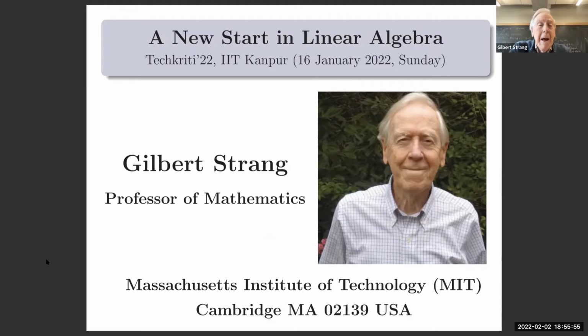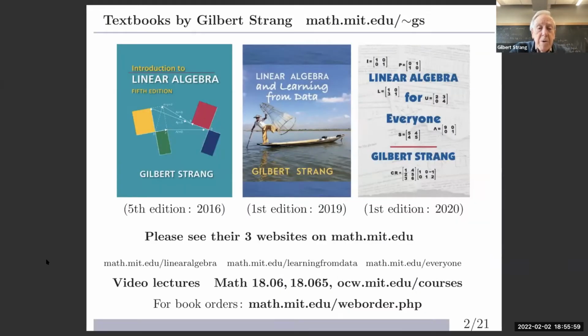Andre, we could go on to the next slide. It shows maybe the two books or three books, actually. The most known maybe is the first one, Introduction to Linear Algebra. It's now the 5th edition, and that's the textbook for Math 18.06 at MIT and the videos.